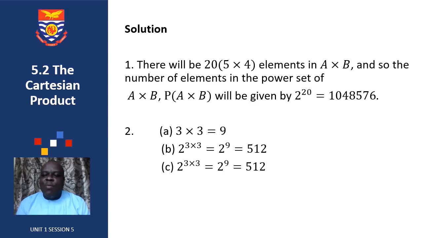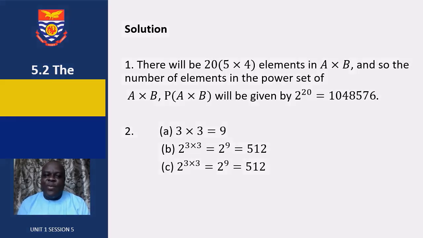Then B will be given by 2 to the power of 3 cross 3, which is 2 to the power 9. And that will be 512. And the last one will also be 2 to the power of 3 cross 3, and that will be 2 to the power 9, which is 512. Thank you.